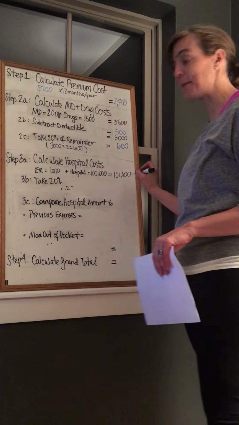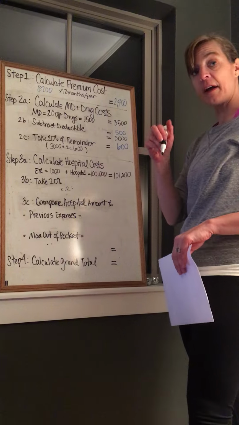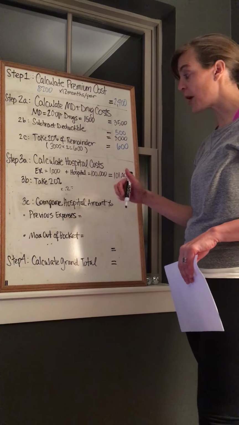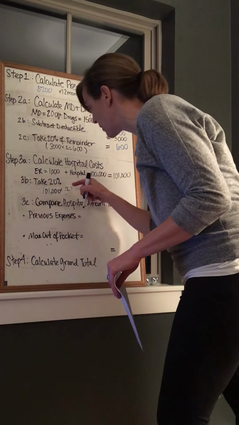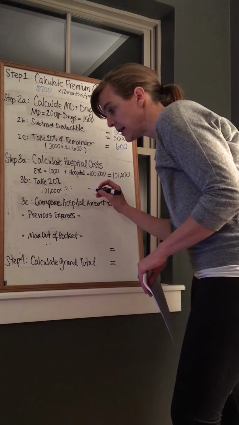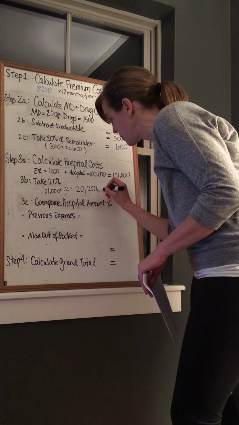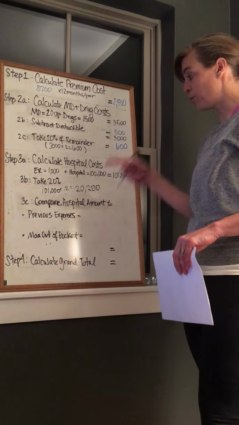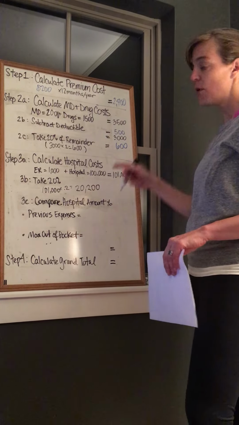Now, fortunately, the family does not have to pay $101,000. We need to figure out how much they have to pay. So we'll take 20% of that, $101,000 times 0.2, leaves us with $20,200. Whoa, do they have to pay $20,200? Well, let's take a look.